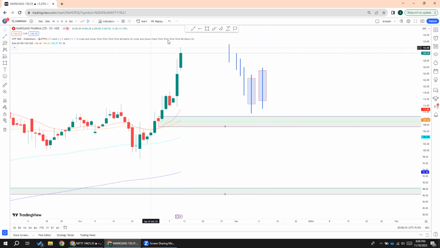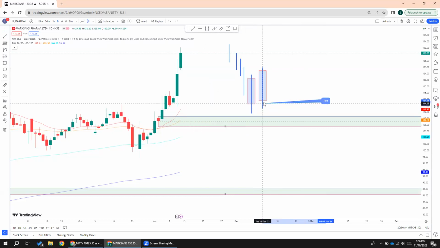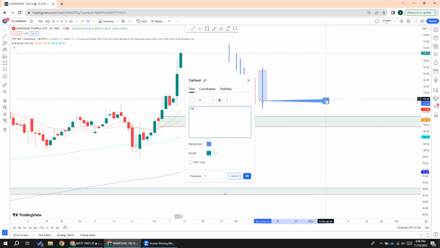So trend reversal, let's see, point number one: open is higher than the previous low.